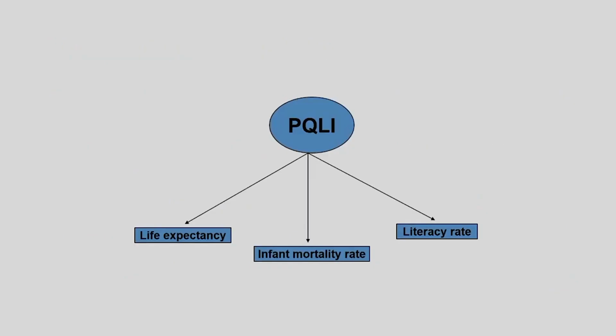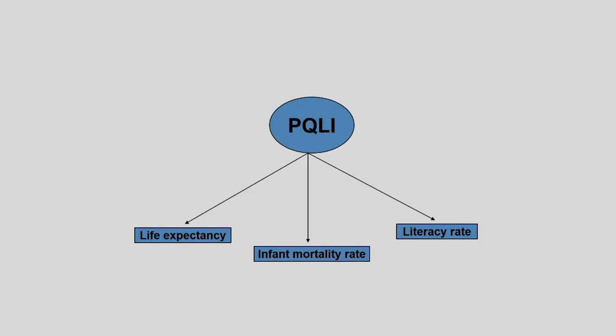Okay? Physical quality of life index is based on three indicators. One is life expectancy rate, secondly infant mortality rate and thirdly literacy rate. Physical quality of life index suggests that your life expectancy rate must be high. At the same time, infant mortality rate must be kept to the minimum and literacy rate must be very high. Why?